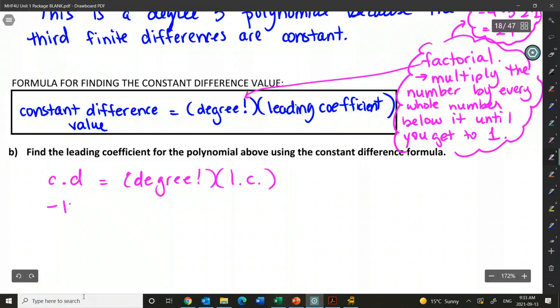So I know the constant difference value from above is negative 12. We found that in our table of values. Degree, we've determined that is 3. So degree factorial will be 3 factorial. And then our job is to find the leading coefficient value.